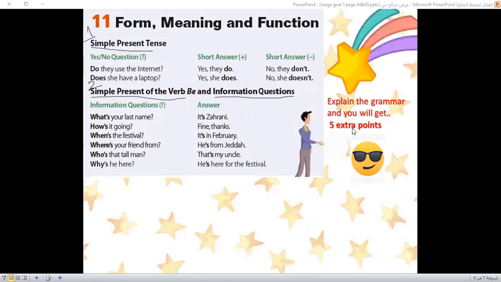Come on, Thalith. Choose one part of the grammar and explain it to us, and you will get 5 extra points.